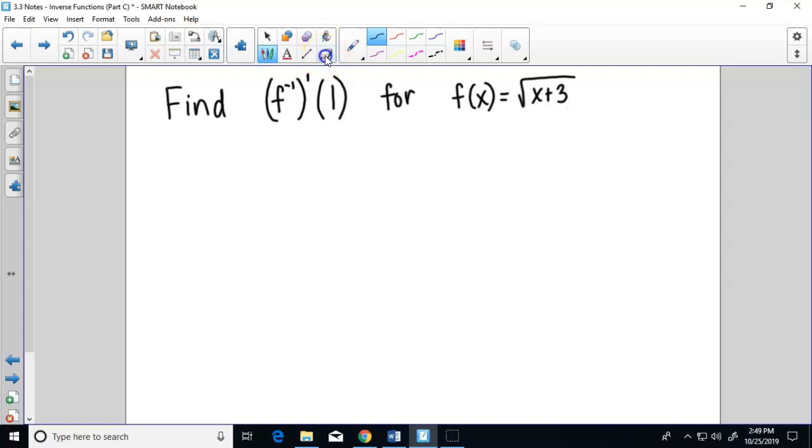No, hold on, not 1. I need to fix that. f inverse prime of 2.